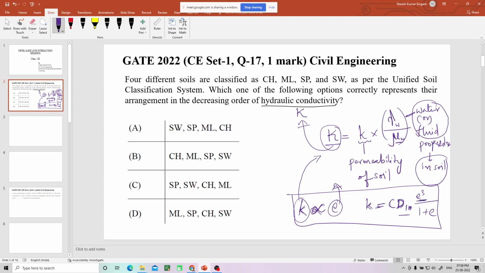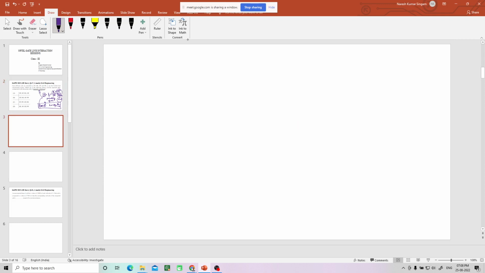Generally void ratio will be more for higher grain size and less for lesser grain size particles. Now we'll discuss how clay and others are divided. First we'll draw a diagram: clay, silt, sand, then gravel, cobbles and then boulders.